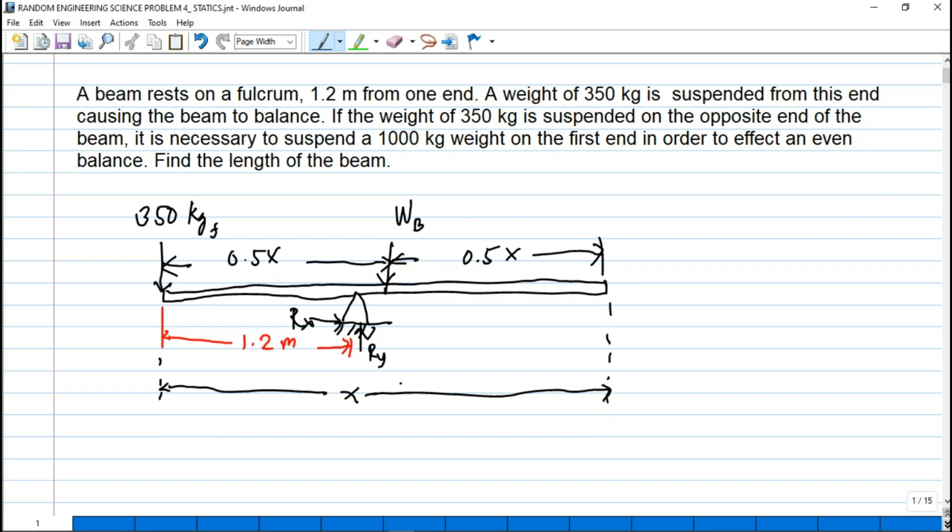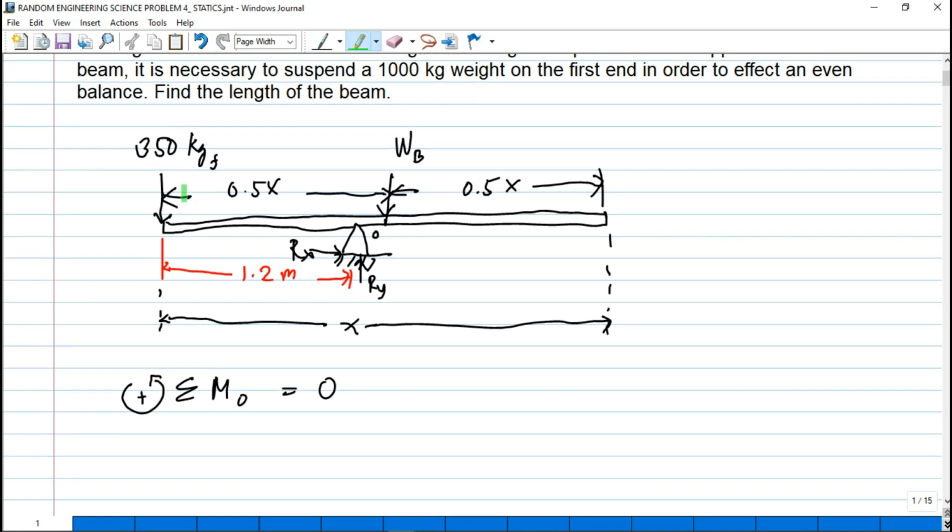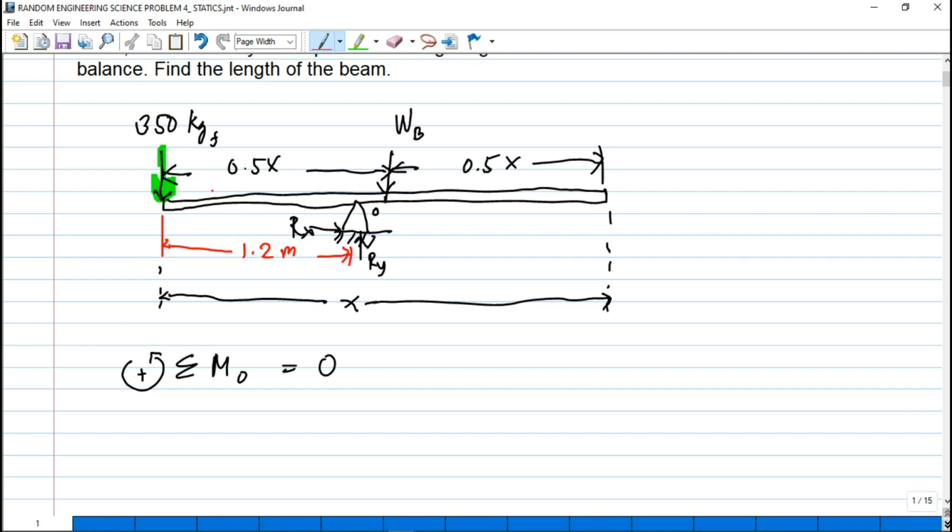Okay, mag-sum tayo ng moments about the fulcrum. Let's say that this is point O. Okay, summation of moments about O should be equal to 0 for a statical equilibrium body. Okay, mag-assume tayo ng direction. Palaging ina-assume ko guys na direction is counterclockwise positive moment. This weight here, itong weight na 350 kilograms, it produces a moment. So, mag-moment tayo about here.